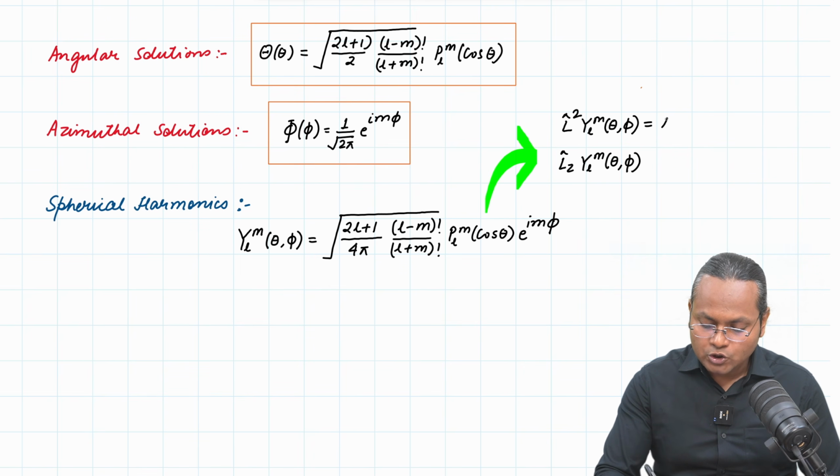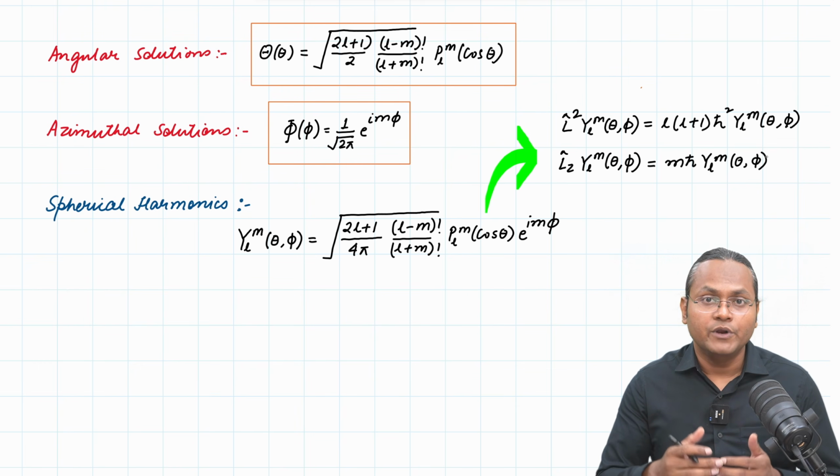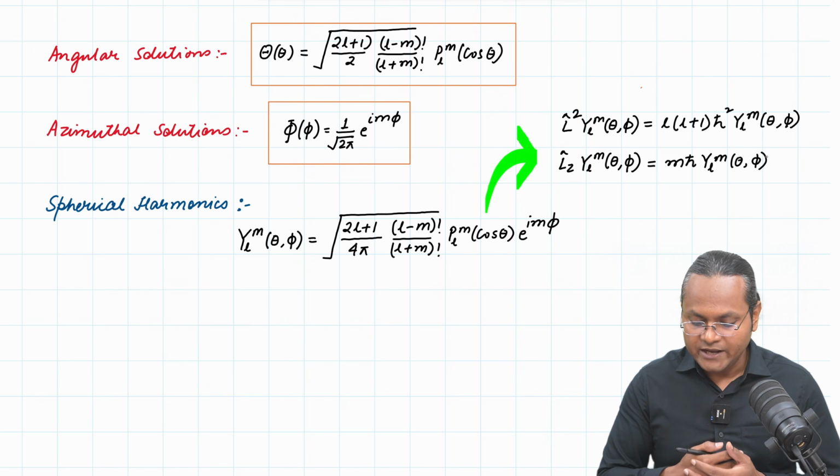So for L squared, you have the eigenvalue l(l plus 1) h-bar squared. And for Lz, you have the quantum number m h-bar. These are the eigenvalue equations of the angular momentum operators of an electron in a hydrogen atom.